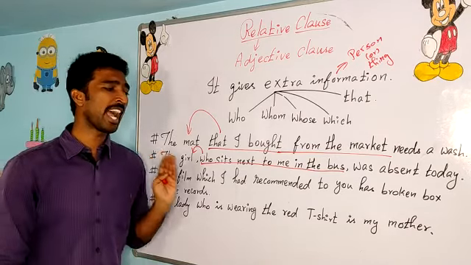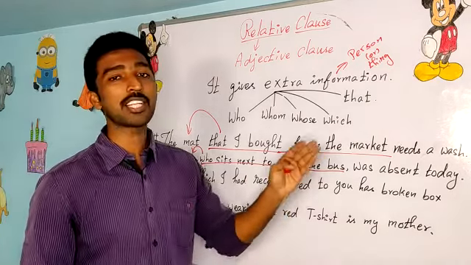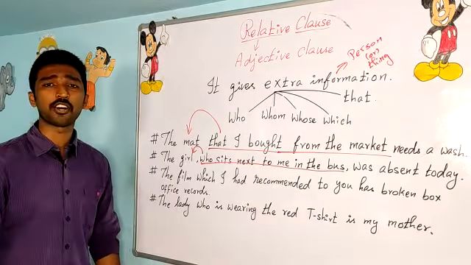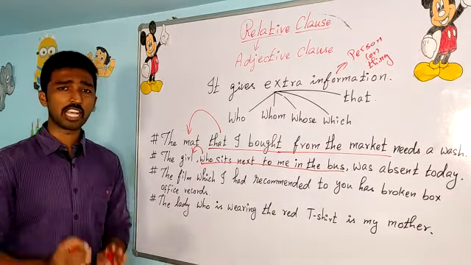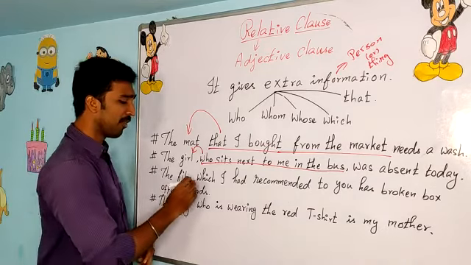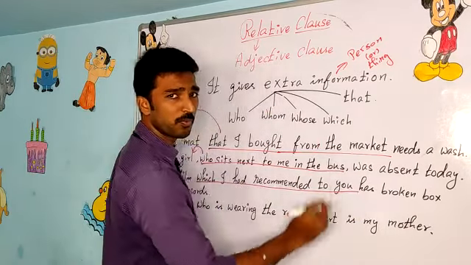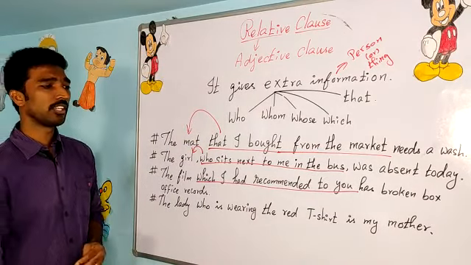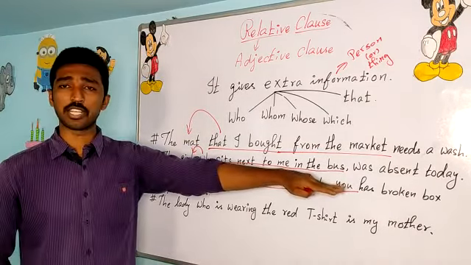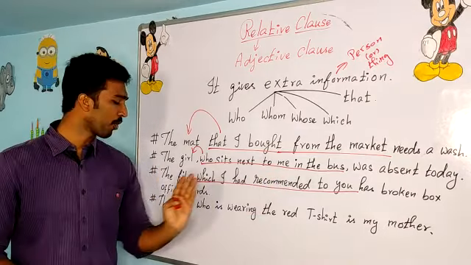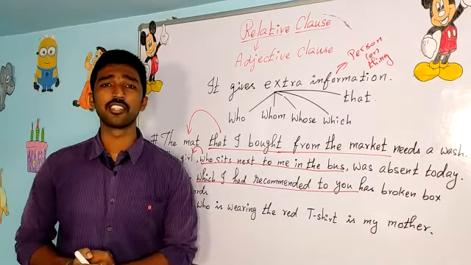The film which I had recommended to you has broken box office records. The relative clause here is which I had recommended to you. That's all. Without the relative clause, it gives the meaning. The film has broken box office records.